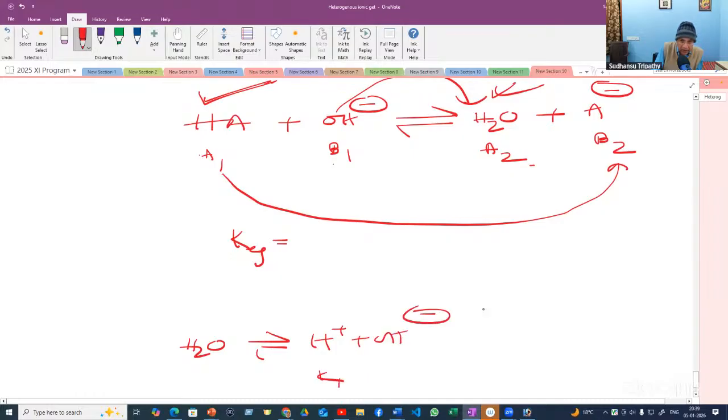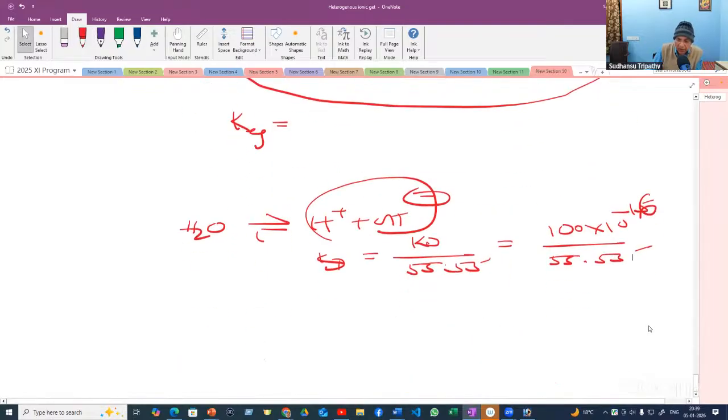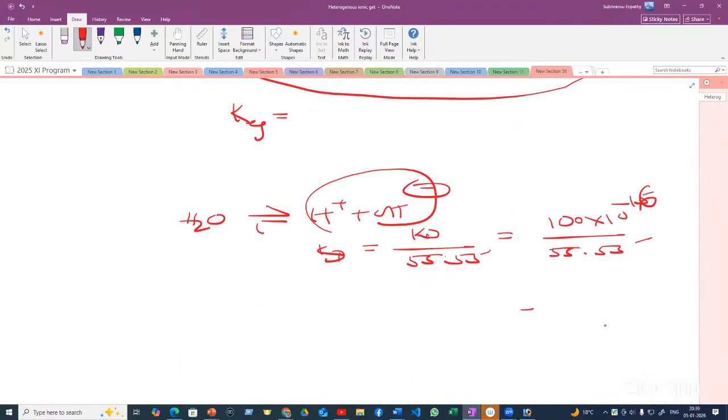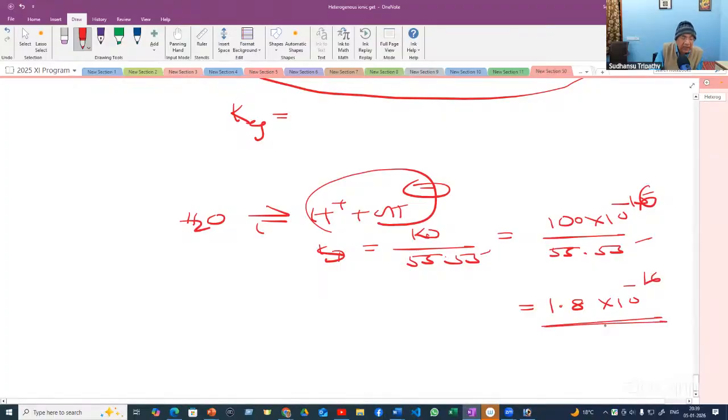So KD, the dissociation constant, is equal to Kw divided by 55.55. So 10 into 10 to the minus 15 by 55.55, or 100 into 10 to the minus 16 by 55.55, which is 1.8 into 10 to the minus 16. This is KD, so we have to use that.